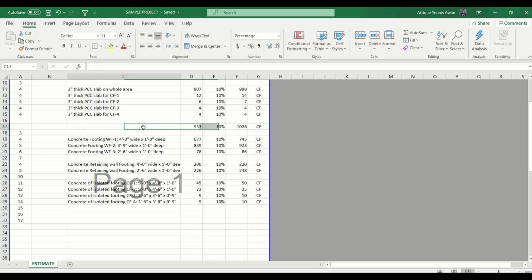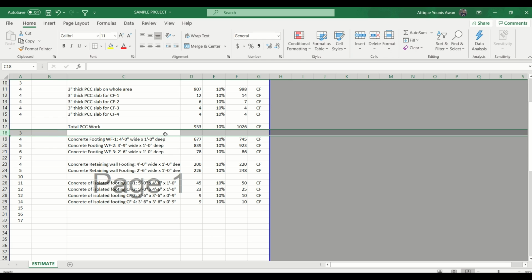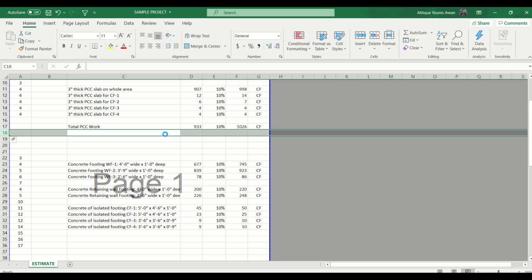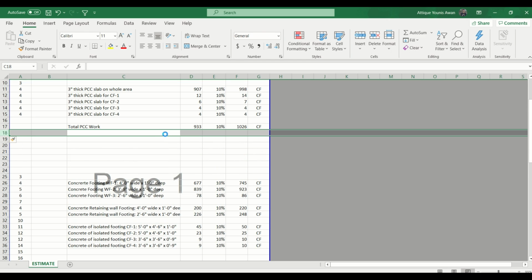If I write total lean work or total PCC work, this much cubic foot we will need. Let me add a few rows so that we can easily understand.